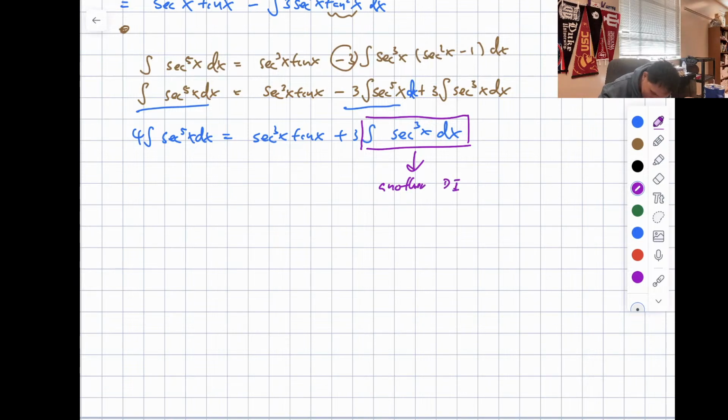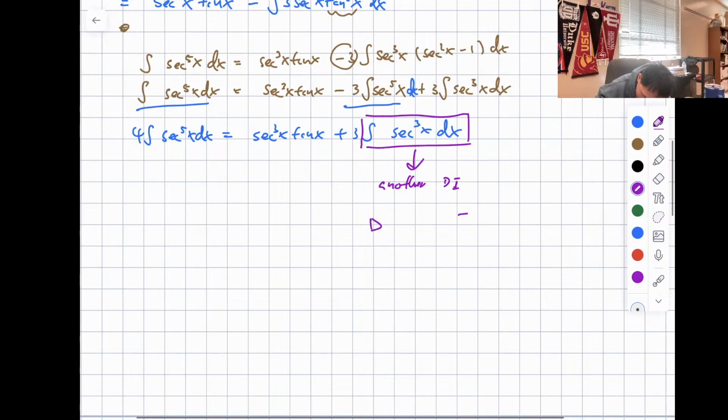So D is going to be what? I is going to be what? D is secant, I is secant squared of x, and this is still the same thing as before, and that's going to be secant of x tangent of x.